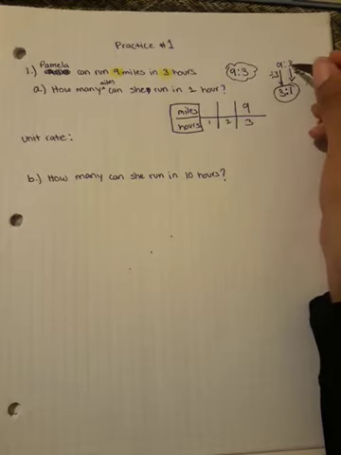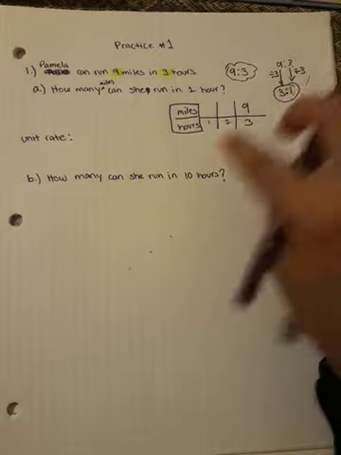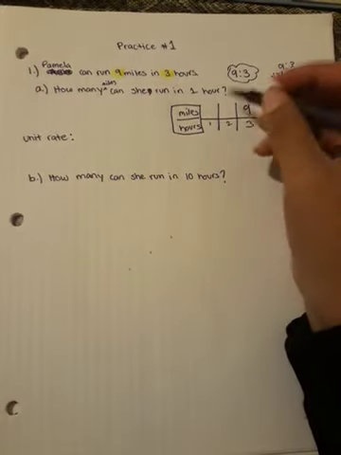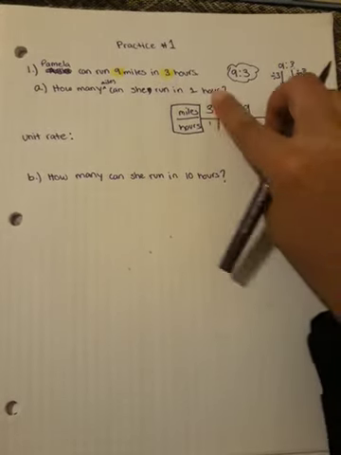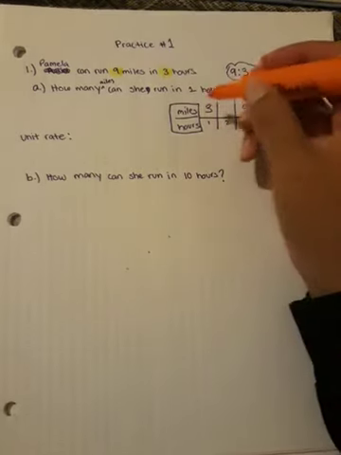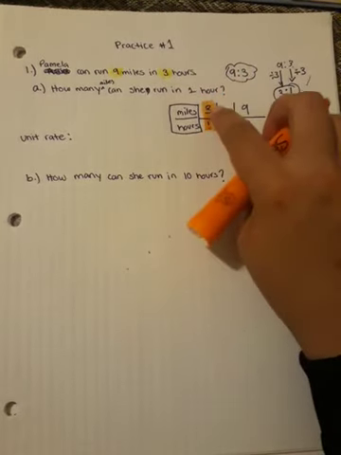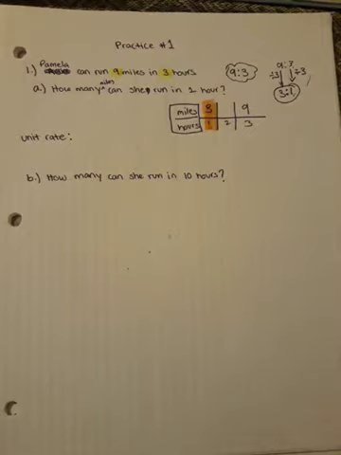And this is equivalent to that because I divided both numbers by the same number. So now I know that for 1 hour, she can run 3 miles. This is my unit rate, right? 1 unit is 1 hour. For 1 hour, she can run 3 miles.